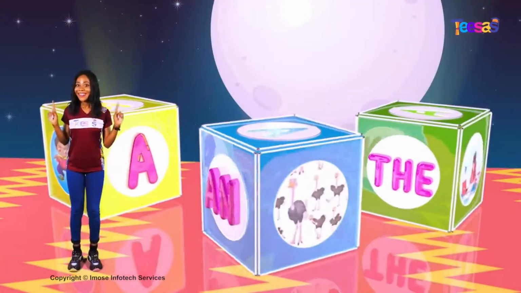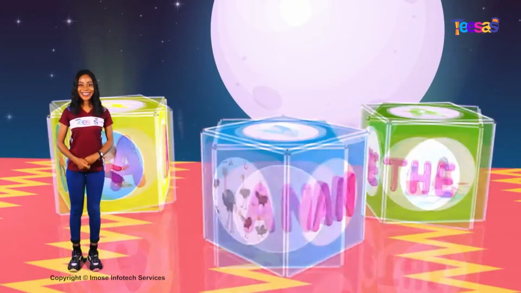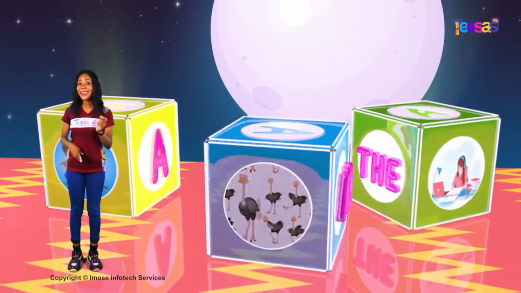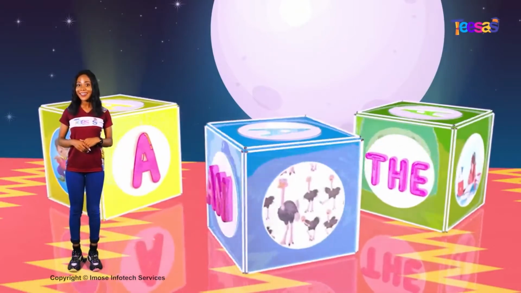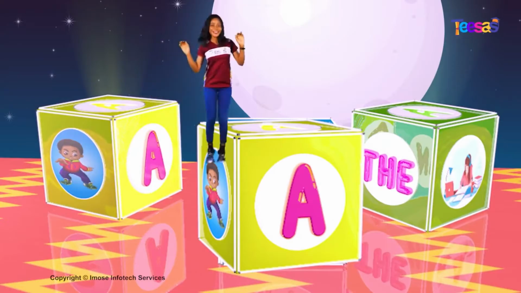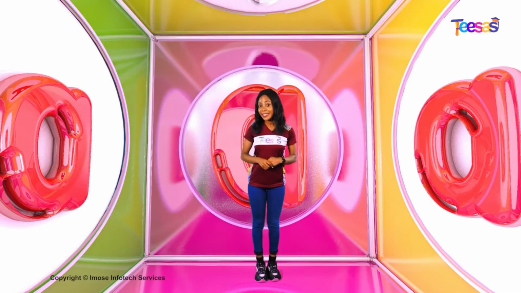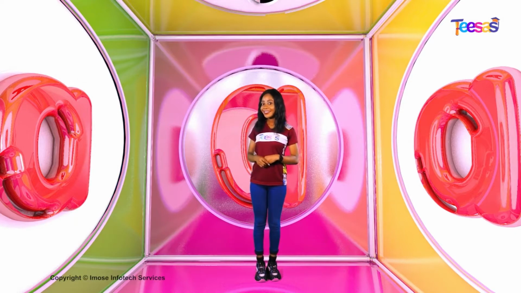These three box lines belong to the three articles. I'll get into each one and find out how each article is used. First is the article a. A is used when the noun begins with a consonant letter.